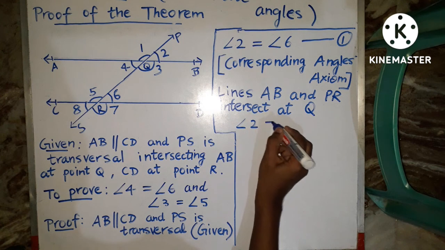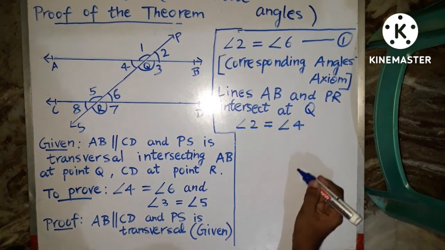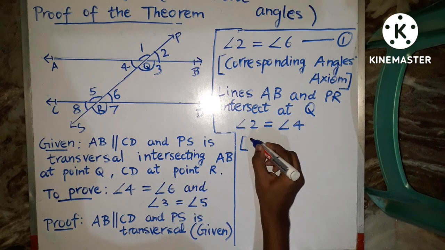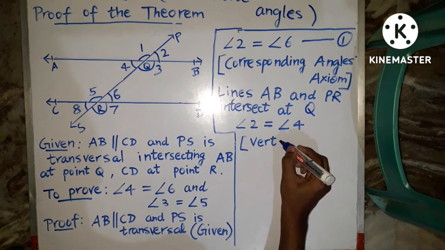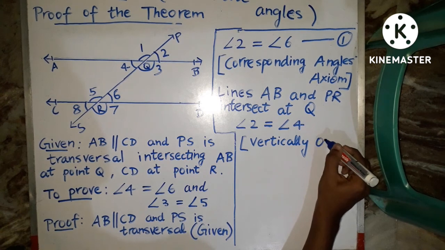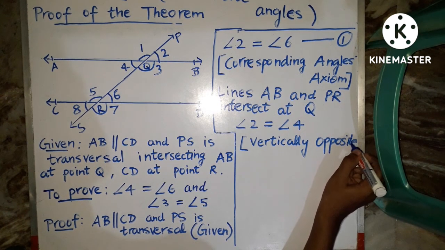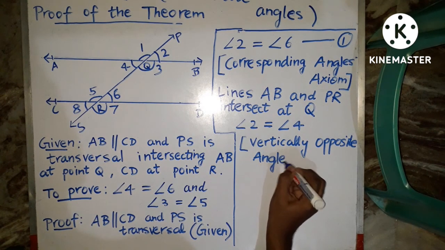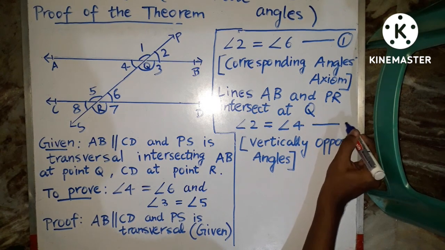So angle 2 will be equal to angle 4. We should also write the reason in brackets. Reason is vertically opposite angles. Let this be equation 2.